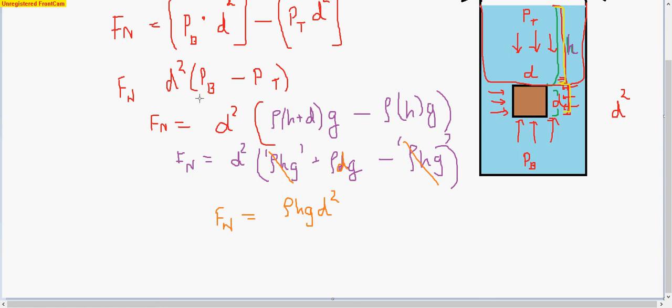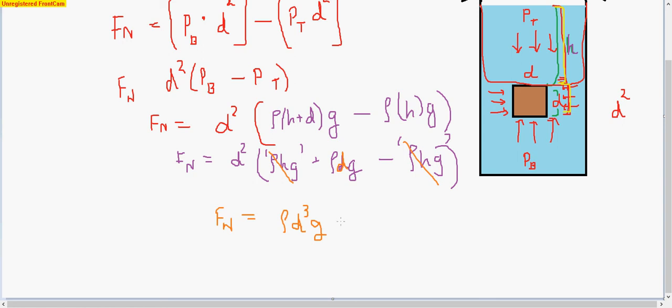Okay, it's rho d square. So when we multiply this, we get rho d cube g, right? We get it like this, rho d cube g, right?